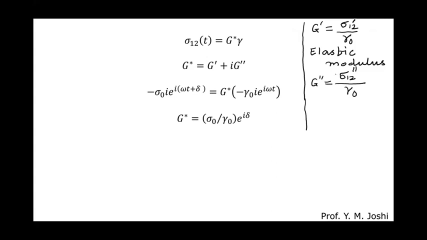Sigma 12 double prime is that part of the stress which is in phase with gamma dot, and stress proportional to gamma dot is the viscous behavior. So this particular modulus is known as the viscous modulus.